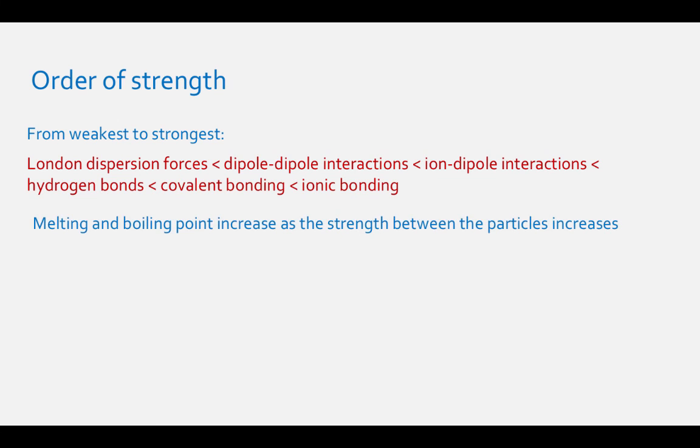The reason we know this is because melting point and boiling point increase as the strength between neighboring molecules or atoms increases. Please watch the next video for problems relating to intermolecular forces.